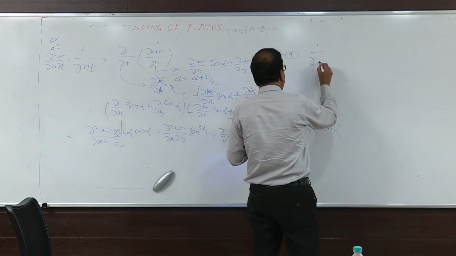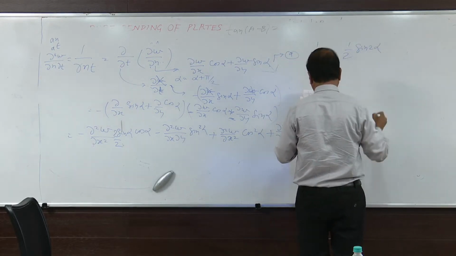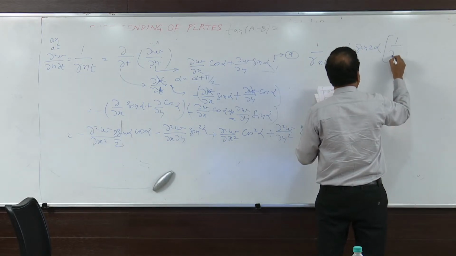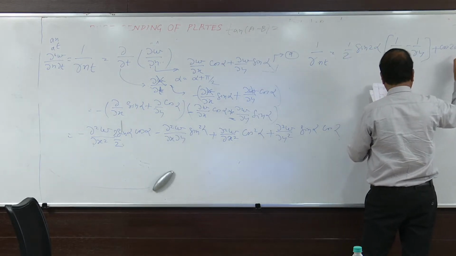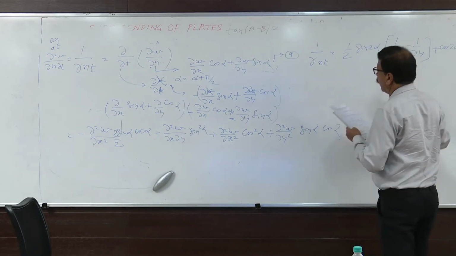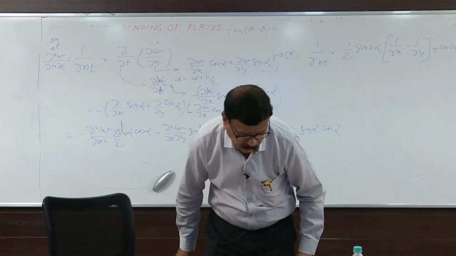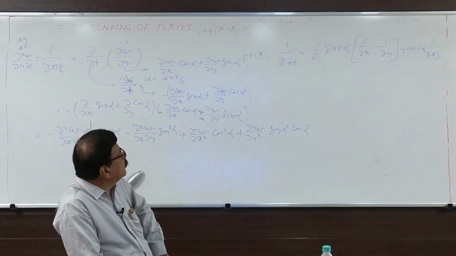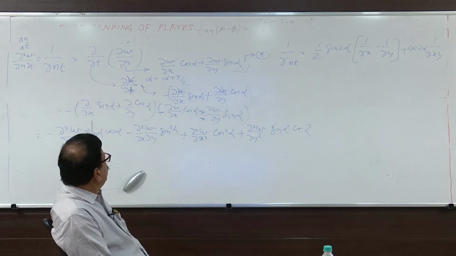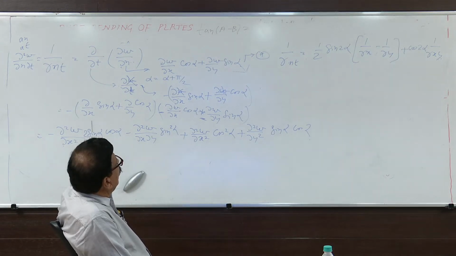So 1 upon r n t is equal to 1 upon 2 sin 2 alpha, 1 upon rx minus 1 upon ry, plus cos 2 alpha 1 upon rxy. Do you get this? Last term: plus cos 2 alpha upon 1 upon rxy.